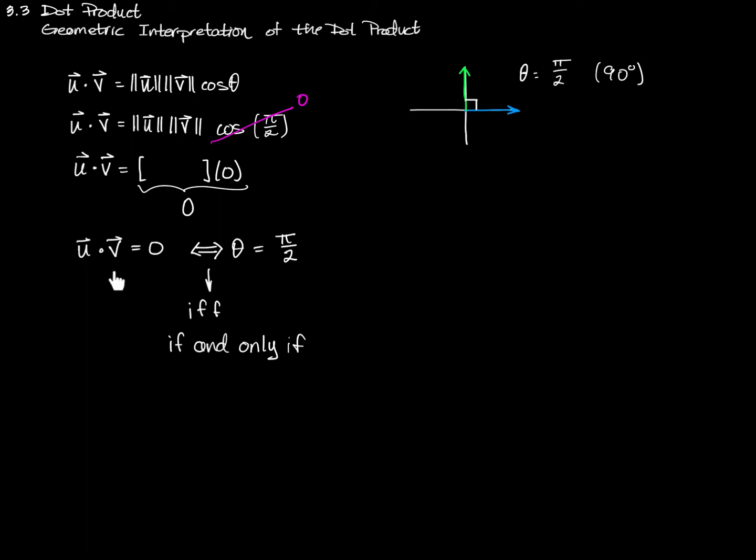If I know the dot product is 0, I don't need to do any more work. I know that theta, the angle between the two vectors U and V, is pi over 2. If I know the angle between the vectors is pi over 2 or 90 degrees, then I'm guaranteed that the dot product of the two vectors is 0. In this case, we say that U and V are orthogonal.